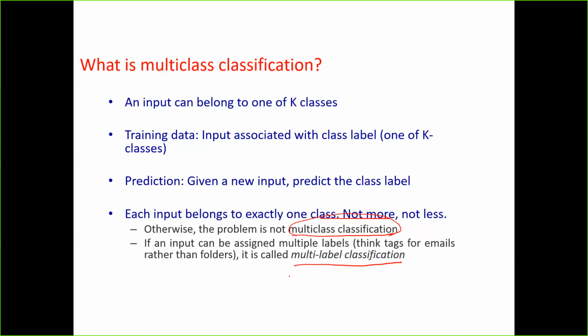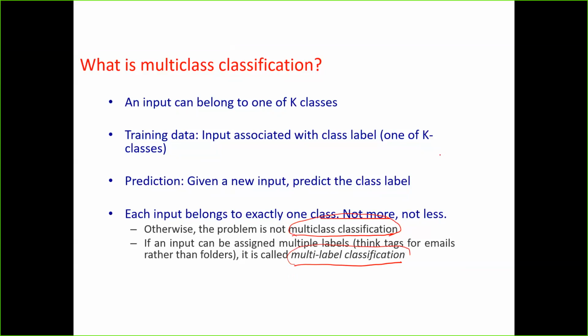Whereas in multi-label classification, we have multiple target variables. It means more than one output variable is present, then we call it multi-label classification or multi-label regression, depending on whether it is a classification problem or a regression problem.